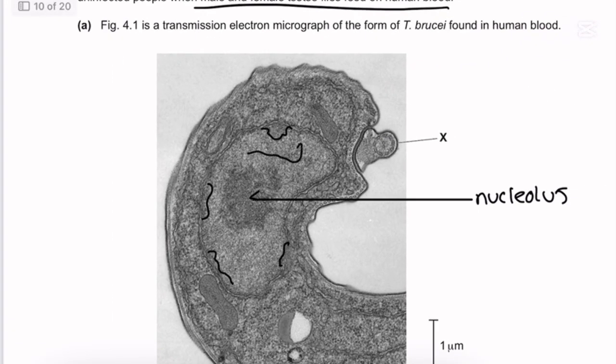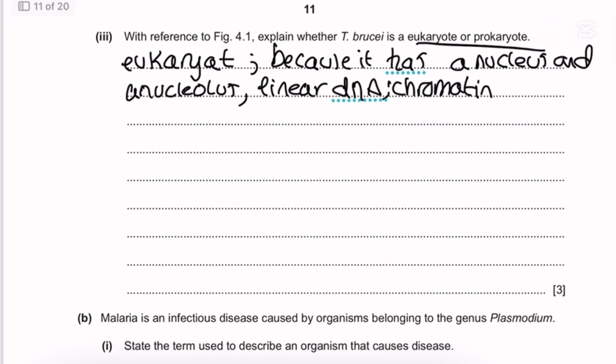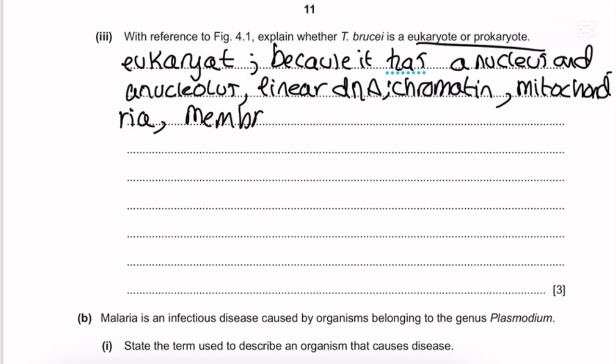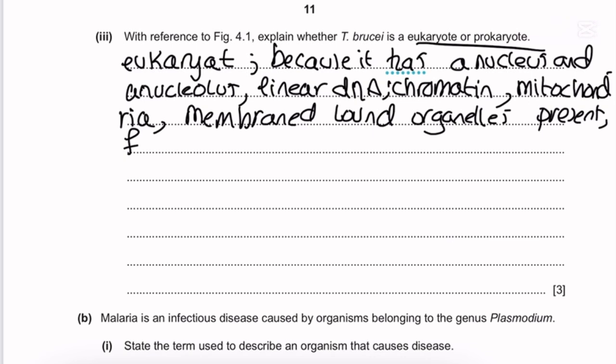And there's euchromatin here, but it's very light, and that's why it's dark here, but again, not so dark. So yeah, it has chromatin, linear DNA. What else does it have? It has histone-bound DNA, obviously, but this is not shown. With reference to figure 4.1 specifically, it has mitochondria, which is a membrane-bound organelle. And lastly, I could talk about the flagellum here.